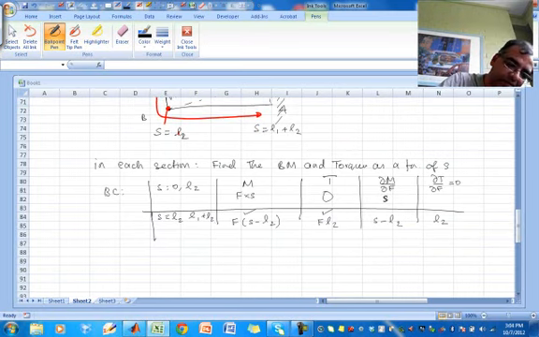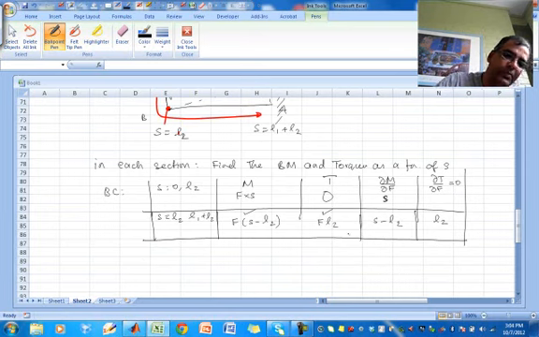So creating this matrix is the crux of the matter, this table, because now I can do the integral.